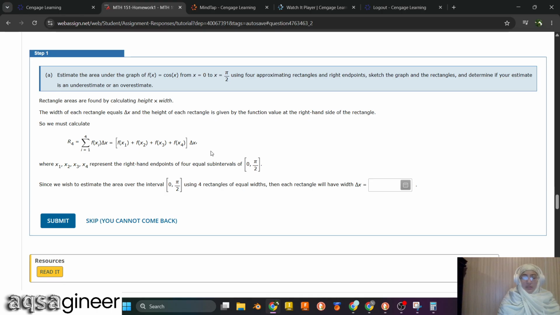So we calculate R4 equals the sum from i equals 1 to 4 of f of x i delta x, which equals f of x1, f of x2, f of x3, f of x4 times delta x. Where x1, x2, x3, and x4 represent the right-hand endpoints of 4 equal subintervals of 0 to pi over 2.